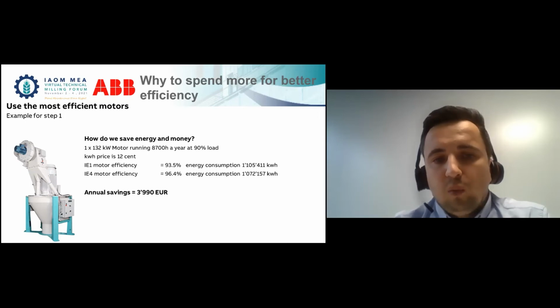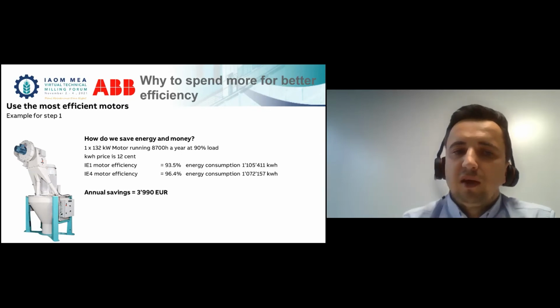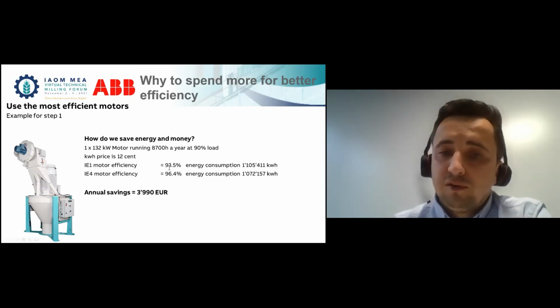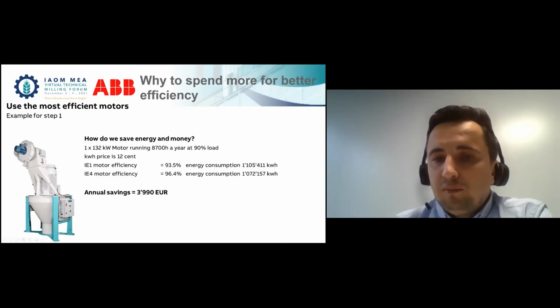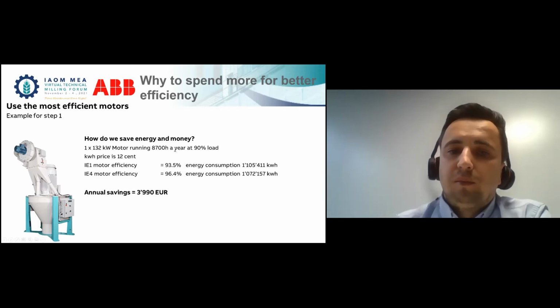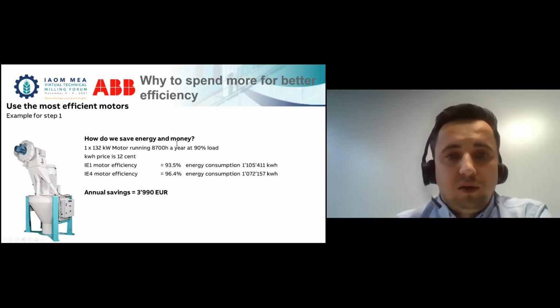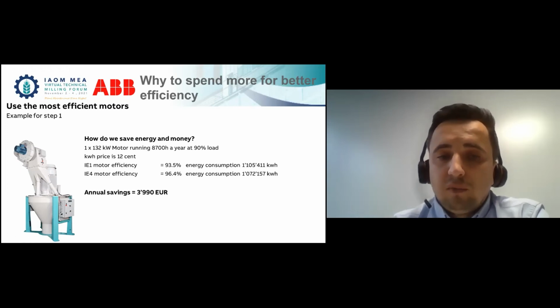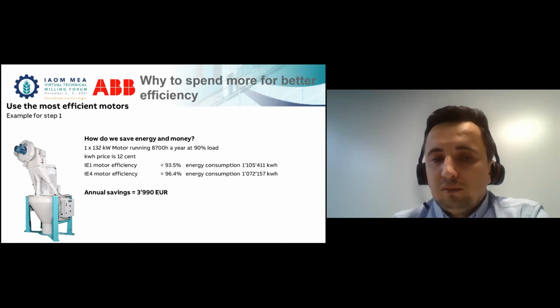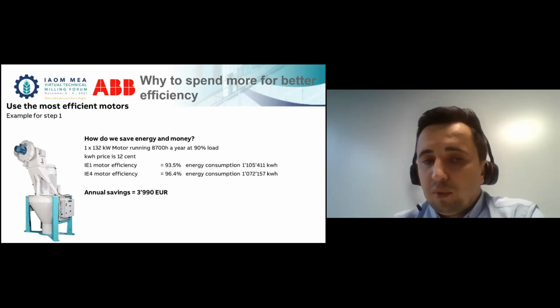Because the bigger the motor, the higher the efficiency is, we can see here the energy efficiency difference, and we can see also the annual power consumption. By the difference of the high efficient motor, we can save annually 3,990 euros as an example with this kilowatt hour price.